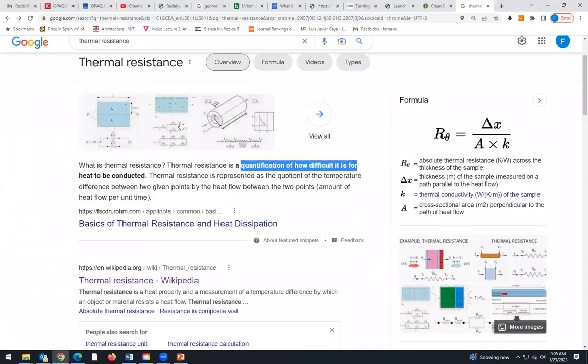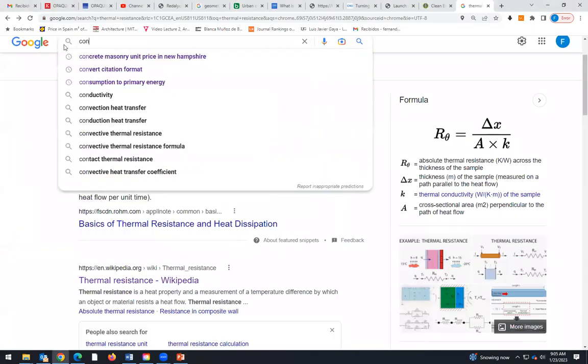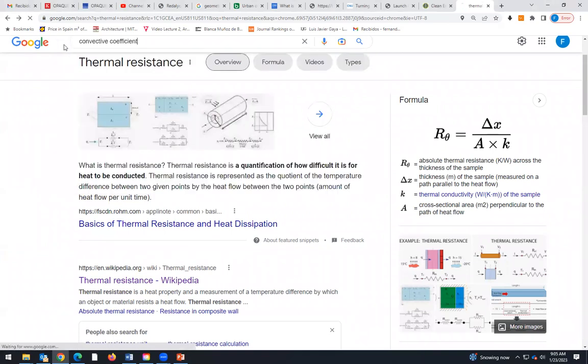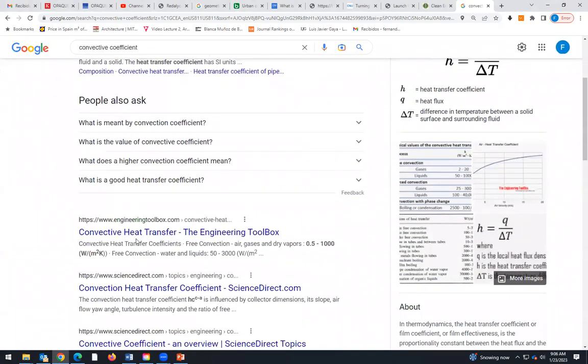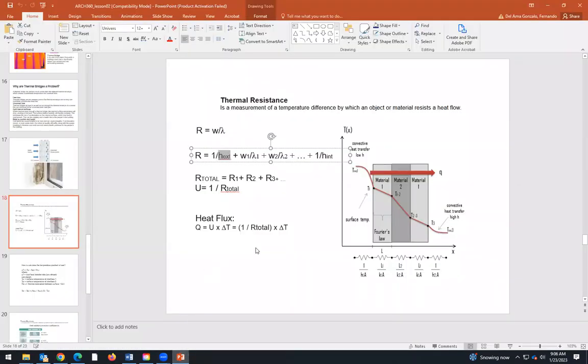This is the convective or heat transfer coefficient, which is this H. So that depends on the air convective heat transfer coefficient, which depends on the air that we have inside and the air that we have outside.